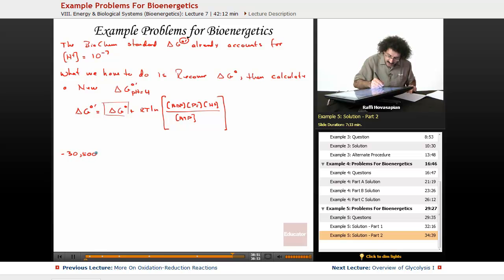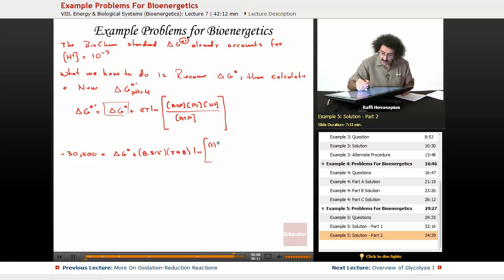So our equation is negative 30,500, remember we're working in joules, equals the chemical standard plus 8.315 times 298 times the logarithm of, well, the concentration of ADP is 1, the concentration of Pi is 1, the hydrogen ion concentration at pH 7 is 10 to the minus 7, the concentration of ATP is 1.